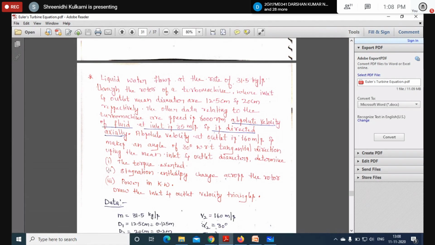Using the mean inlet and outlet diameters, determine the torque, enthalpy change across the rotor, and power in kilowatts. Draw the inlet and outlet velocity triangles.